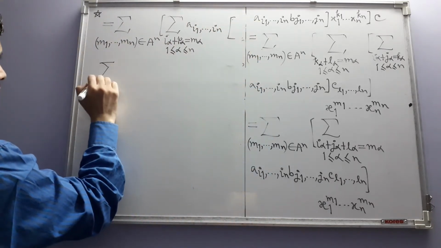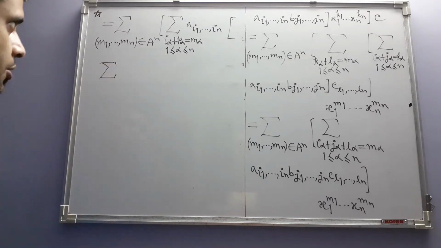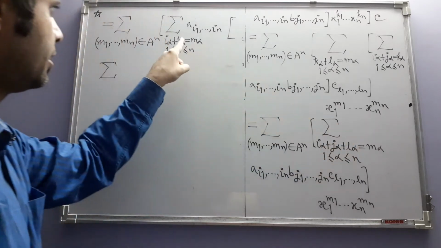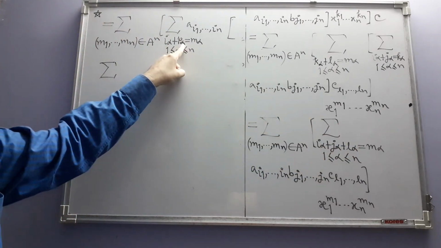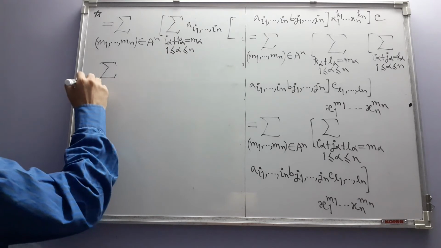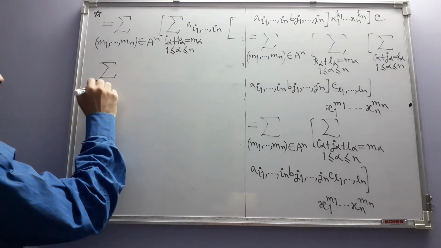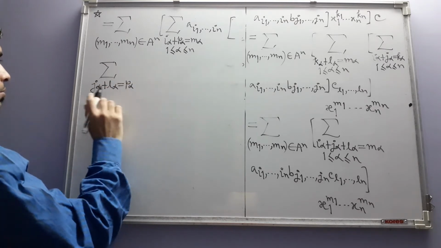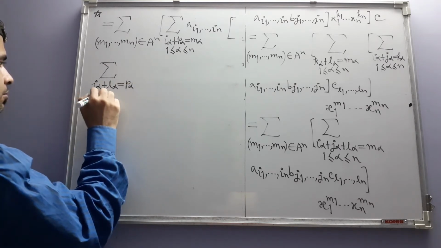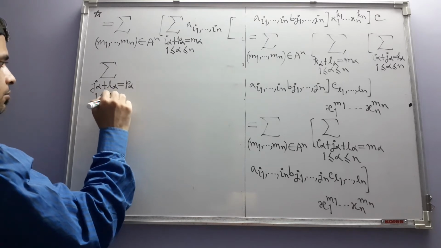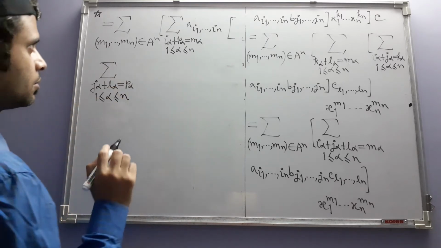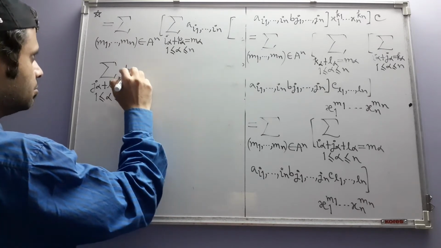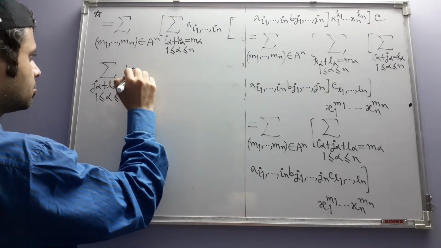Inside you have the other summation where J alpha plus L alpha is equal to P alpha. Okay. And the terms of course are the same, they have the same form.